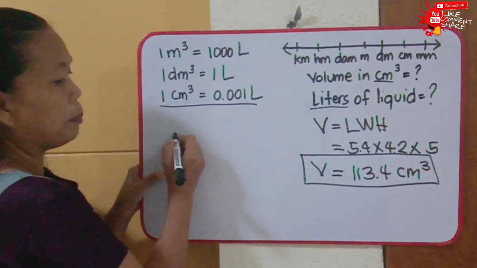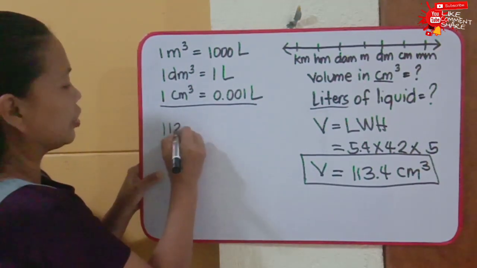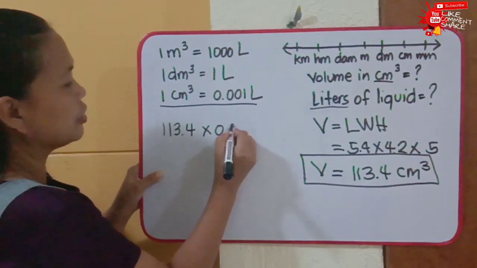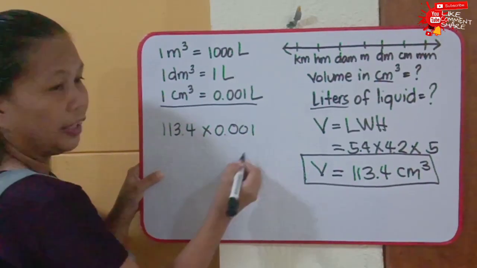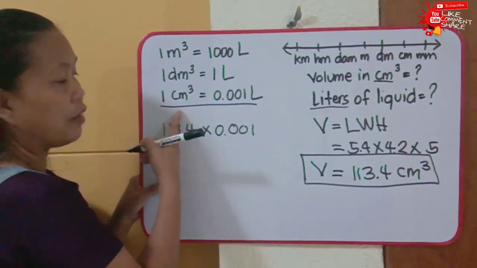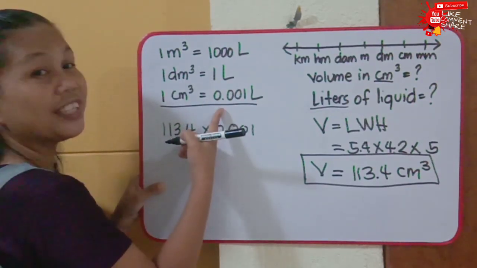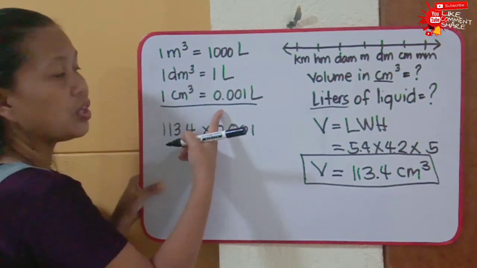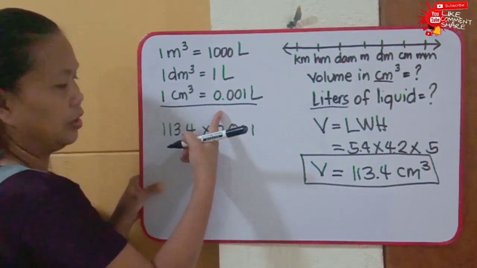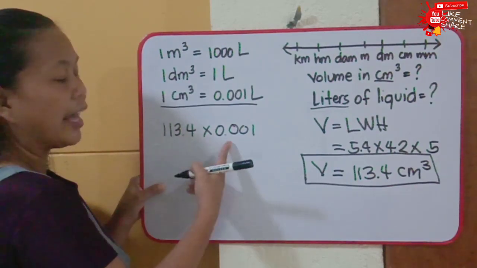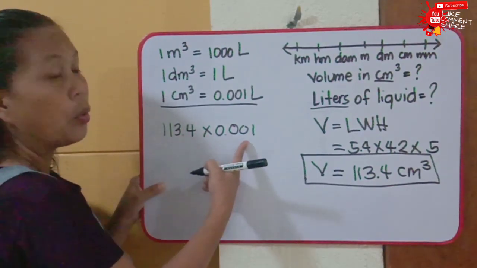So we will multiply 113.4 by 0.001. Since in our conversion factor, 1 cubic centimeter is equal to 0.001 liter. So what will be the product of 113.4 and 0.001?